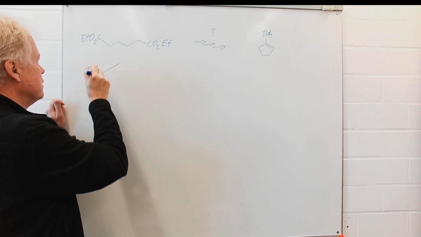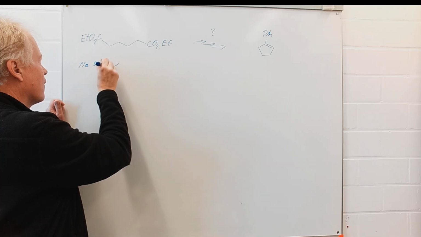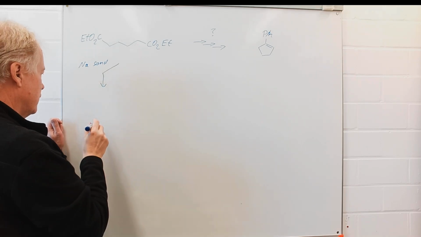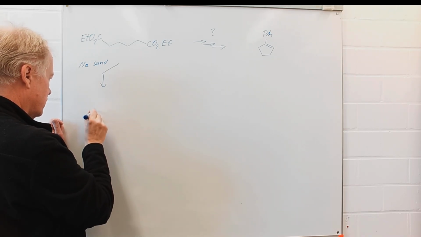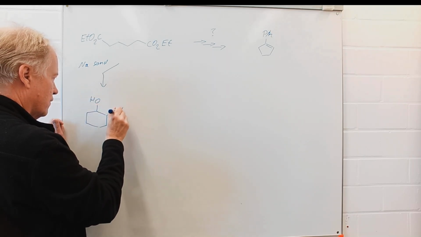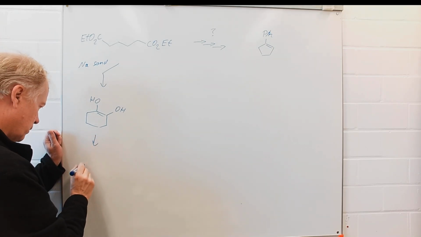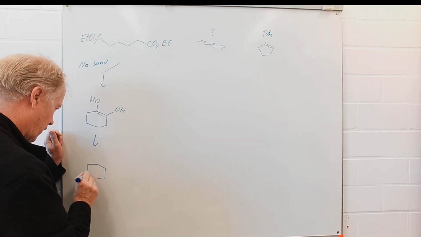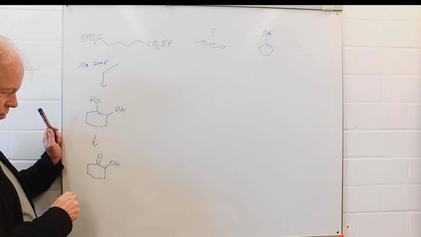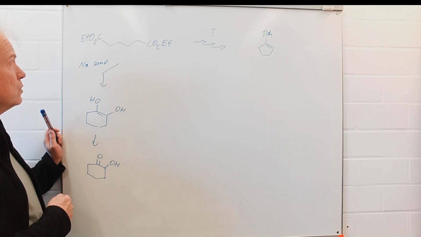It could be the idea to use sodium sand, forming a cation radical here, a cation radical there, and this would then cyclize, giving after hydrolysis this double enol, which then will tautomerize to this 2-hydroxycyclohexanone.